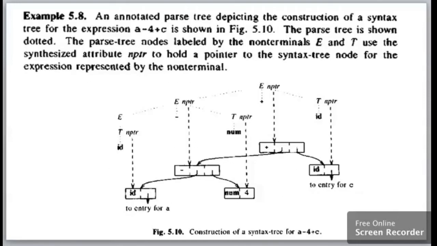Now before constructing a syntax tree for this one, let us go with this same example, how we have got it in terms of a parse tree. If I take the same example, a minus 4 plus c, and construct an annotated parse tree for this one, the productions are: E can have the form of E plus T, E can have the form of E minus T, E can have the form of T, T can have the form of id, T can have the form of num, and T can have the form of id.